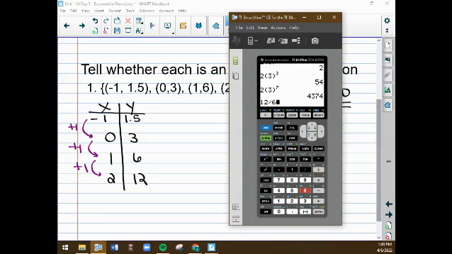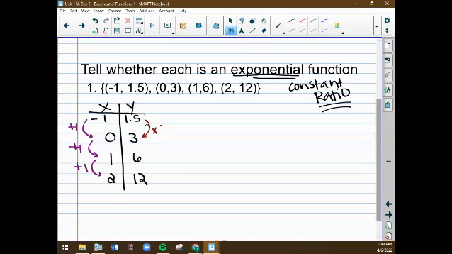So 12 divided by 6 is 2. Okay, then I keep going. 6 divided by 3 is 2. And 3 divided by 1.5 is 2. So that means for every increase in x, y is being multiplied by 2. Is that a constant ratio? Yes.